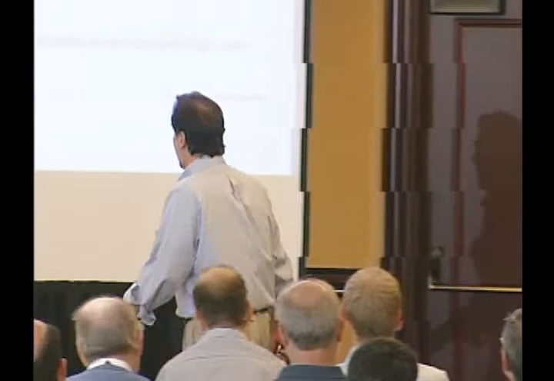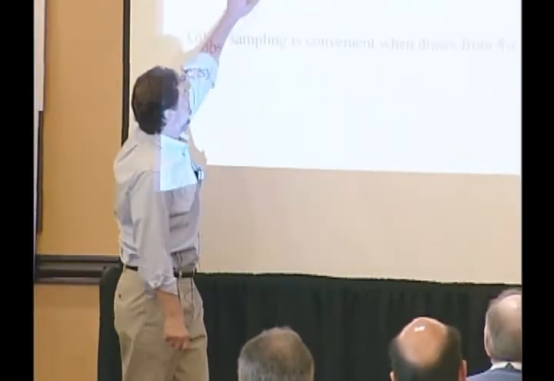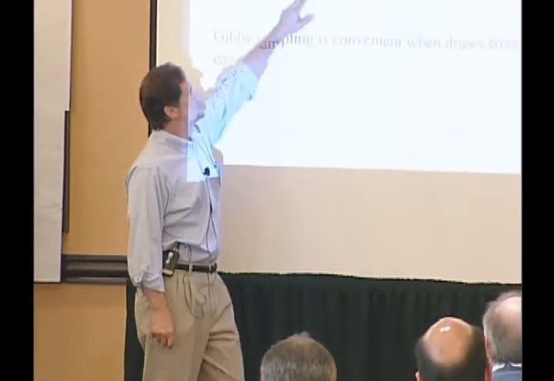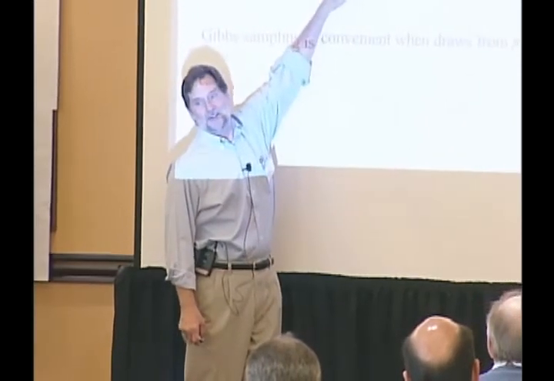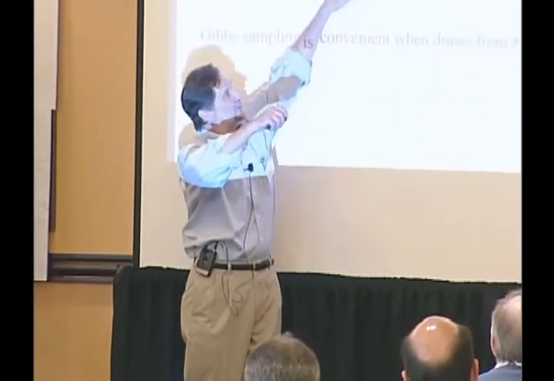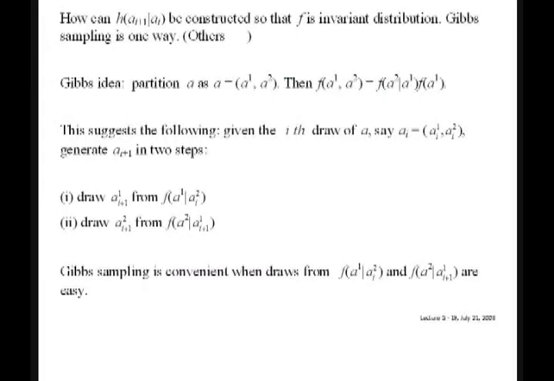Well, the way I get my draw of A1 is to draw from the conditional density of A1 given A2, and stick in my last guess of A2 here. And then how do I get my draw of A2? Well, I draw from the conditional density of A2 given A1, and I just drew an A1. So this allows me to move from that to that.